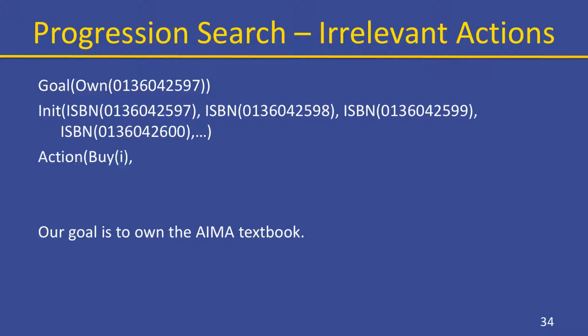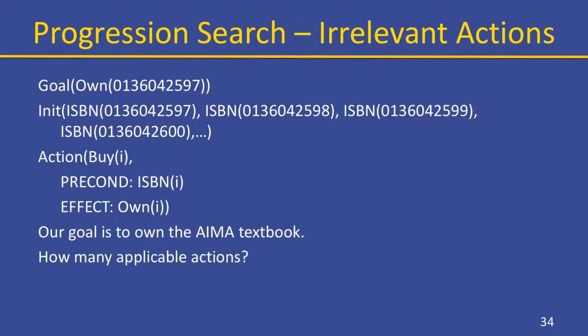So we have a buy action schema that we can express in terms of precondition. We buy I if I is an ISBN, and as a result, we own I. So if we were to start from our initial state and perform a progression search, how many applicable actions do we have?